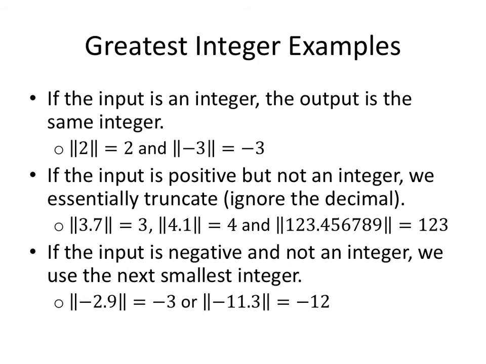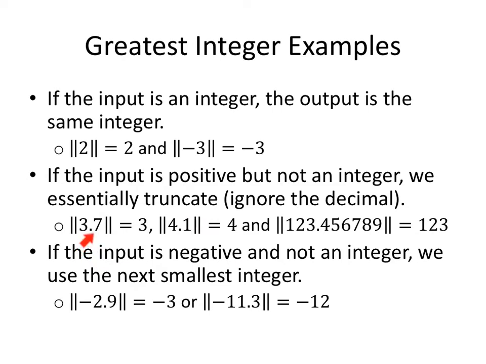Let's look at some examples. If the input in the greatest integer function is an integer, the output is that same integer. The greatest integer of 2, what's the greatest integer less than or equal to 2? Well, that's 2. Similarly, the greatest integer of negative 3 is negative 3. If the input is positive, but not an integer, we essentially truncate, and truncate means ignore the decimal.